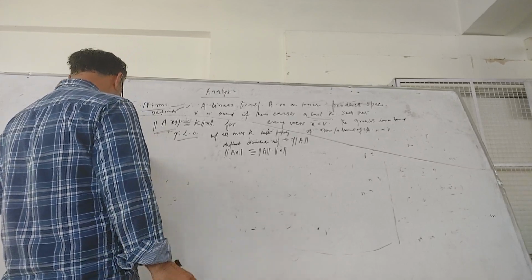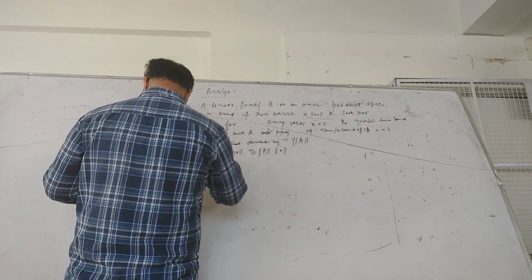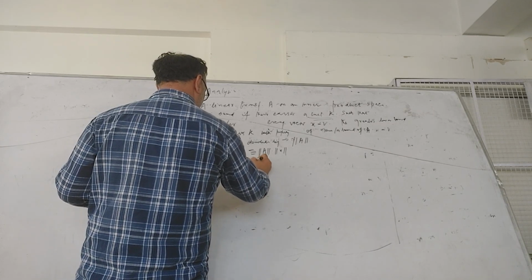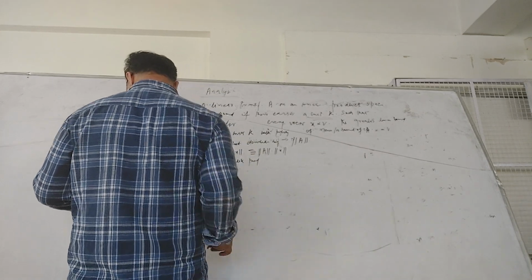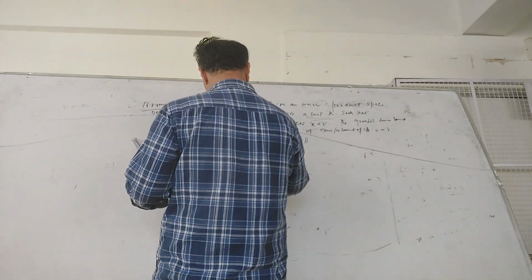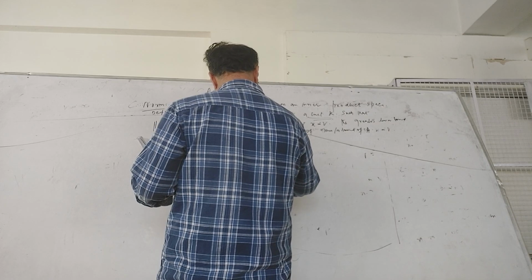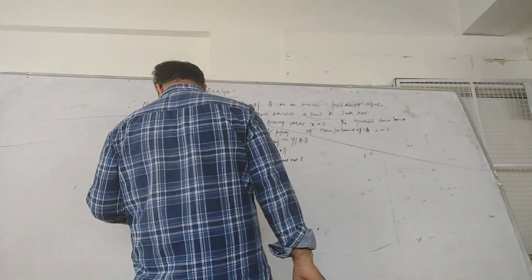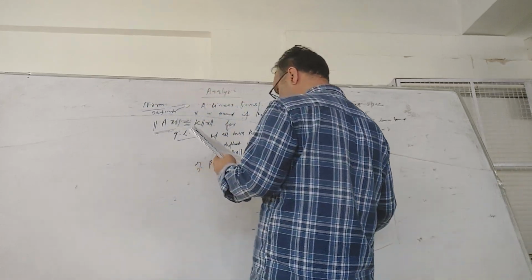If P is a possible property of real numbers T, we shall denote the set of all real numbers T possessing the property P by this symbol.